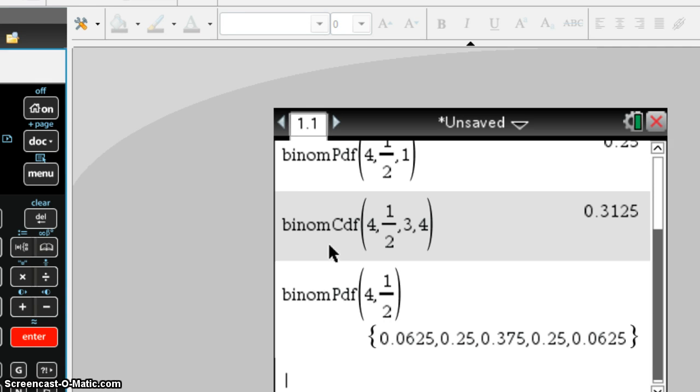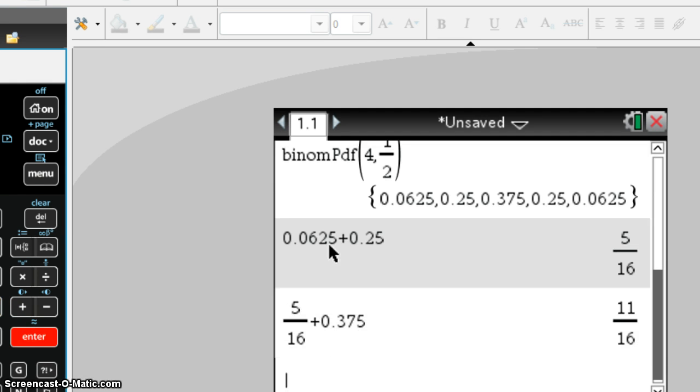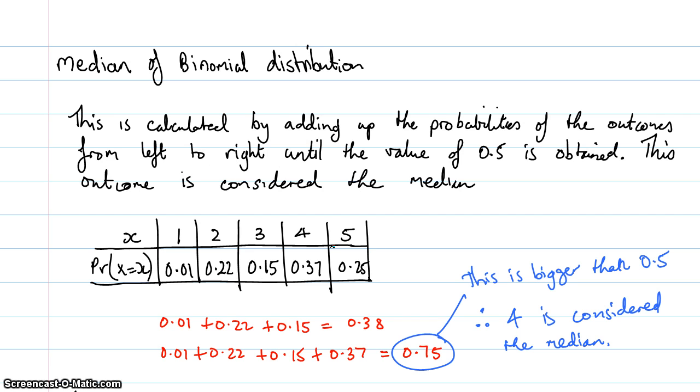It's a bit tedious, but you'd type in 0.0625 plus 0.25. See what that is? No, it's not over half yet. So plus 0.375, 11 over 16, that's bigger than half, and therefore that would be my median. So 0, 1, 2 would be my median in this case. It's a bit tedious on the calculator, but you can do it like that.